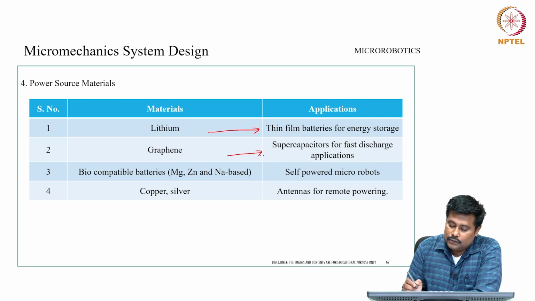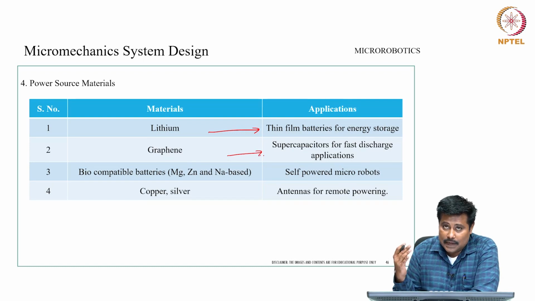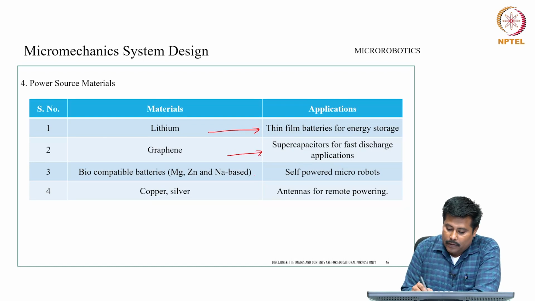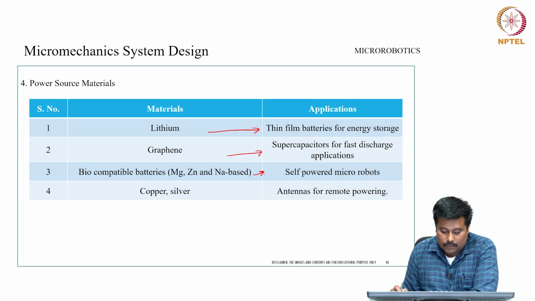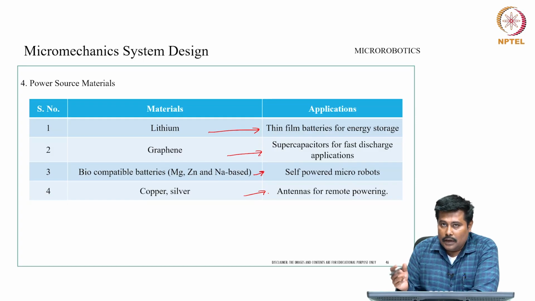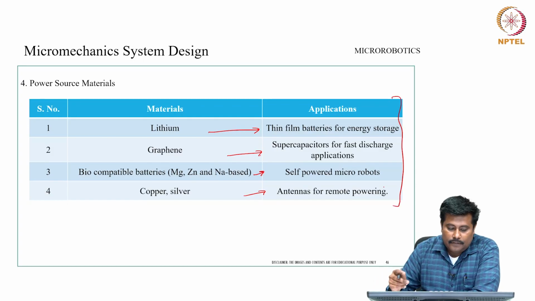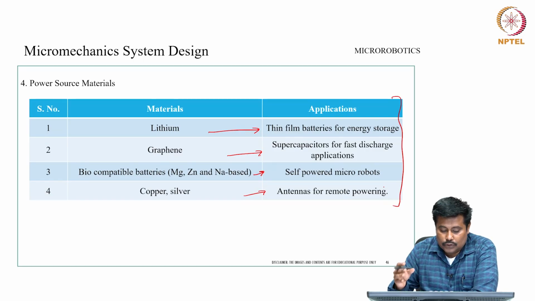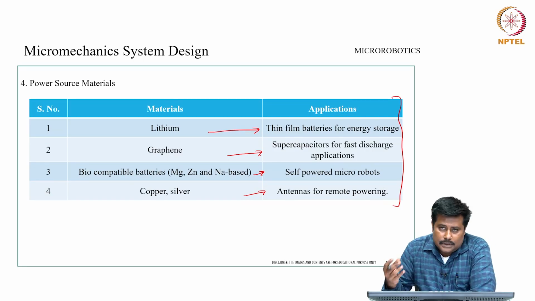Graphene is used for supercapacitors for fast discharge applications, with biocompatibility for self-powered micro robots, and copper and silver structures for antennas for remote powering. These are some of the different power source materials which are commercially available.